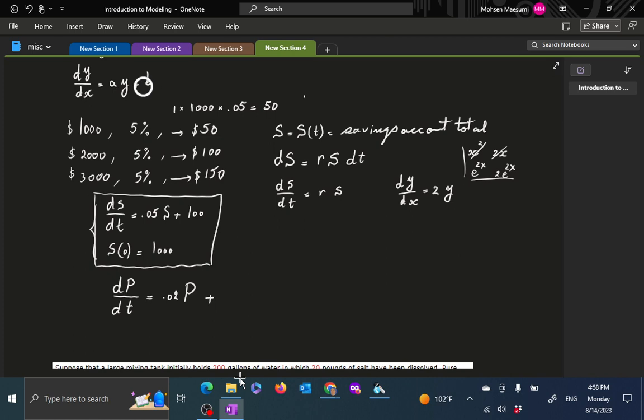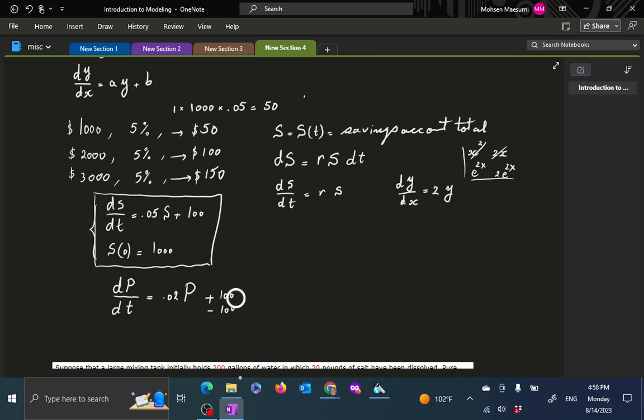So if you put more, you add. If you take a withdrawal, you subtract. Same way with population. If you add, then, well, you add. If the population is leaving, then perhaps you subtract.